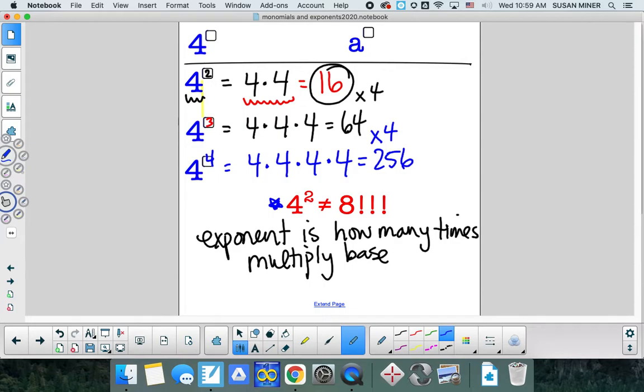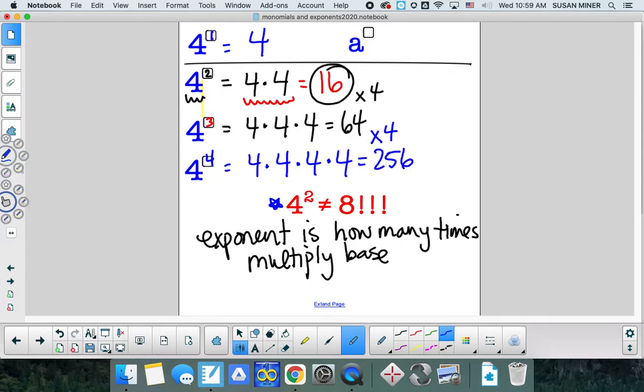All right. Let's talk about one more thing. What if I just had 4 to the first power? How many 4s am I multiplying, right? 4 to the first power is just 4. In fact, anything to the first power is just itself.